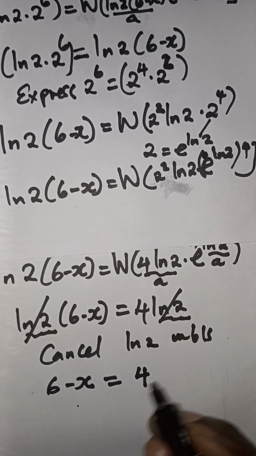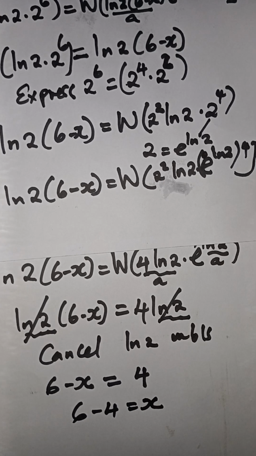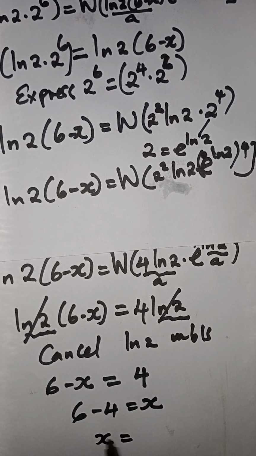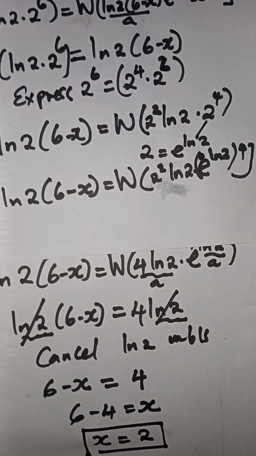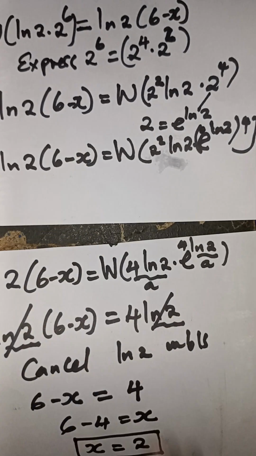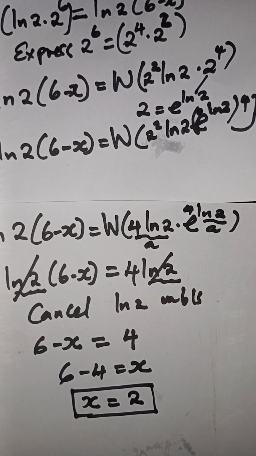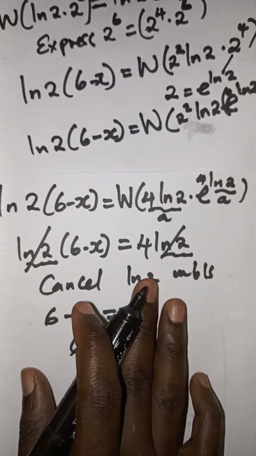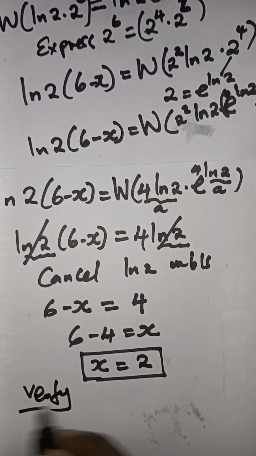So I'm going to take x on the other side, so that I have 6 minus 4 should be equal to x. And it goes without saying that the final value of x is 6 minus 4, which is actually giving me the answer for this particular function as x is equal to 2. This can be verified, and you realize we had that, let us try verifying.